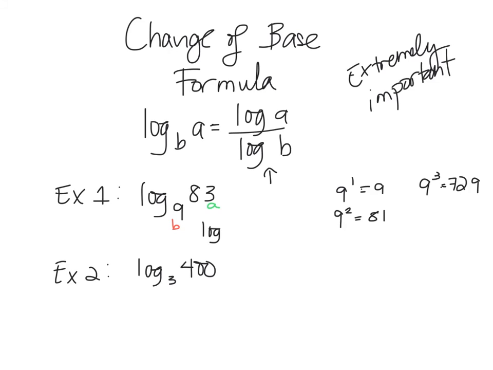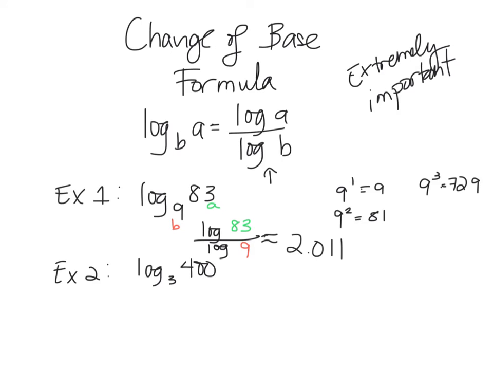So log base 9 of 83 is the same thing as log of 83 divided by log of 9. And when we put that in the calculator, we get approximately 2.011. So it's a little bit more than 2.